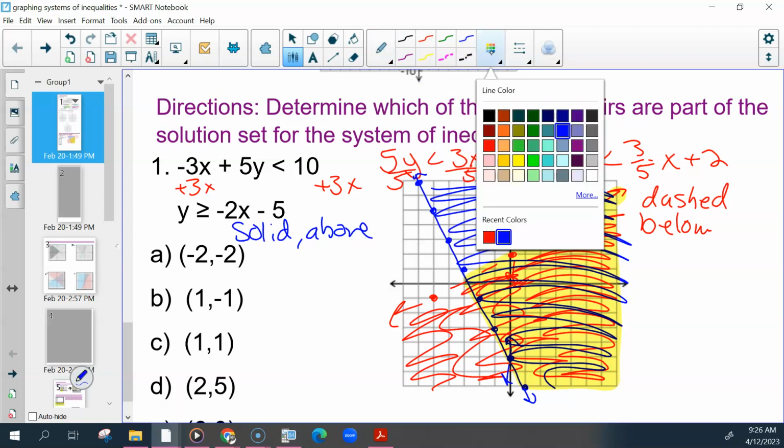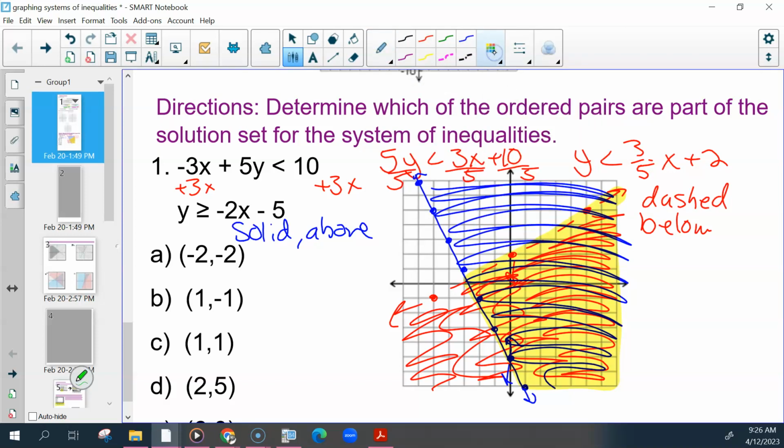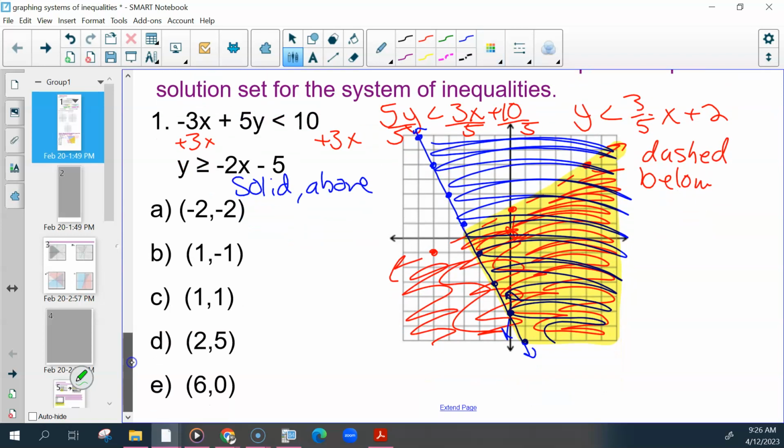And then we can look and see do these points that they gave us fall within that shaded area, the combined overlapping. Because if they fall in just one but not the other, it's not a solution.